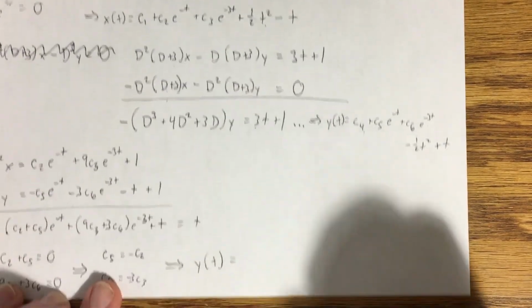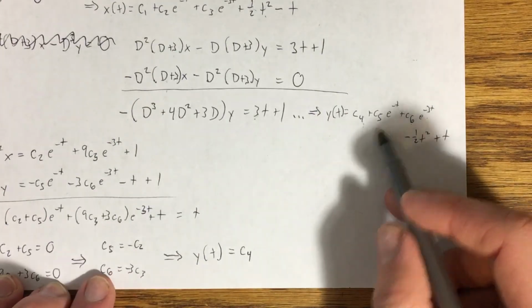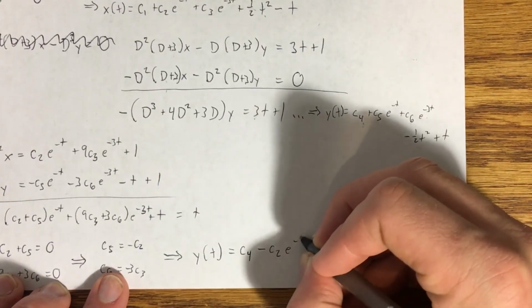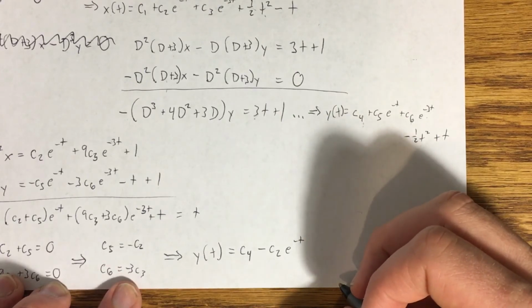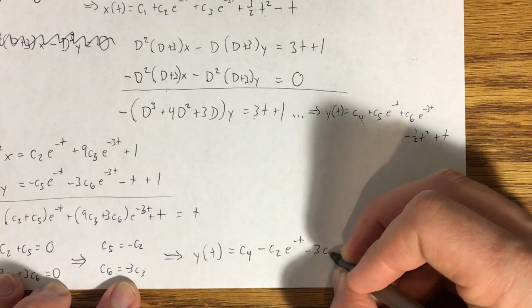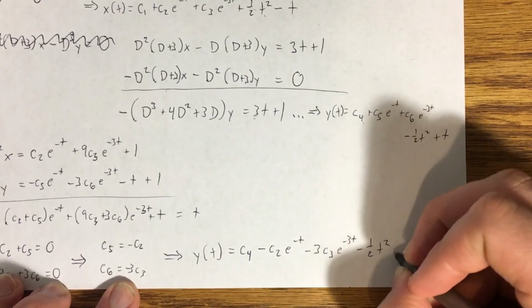I still don't have anything to call c4 yet. C4 is still c4. C5 is the same thing as negative c2, so this becomes minus c2 e to the negative t. And then c6 is the same thing as negative 3c3, so this becomes minus 3c3 e to the negative 3t minus 1 half t squared plus t.